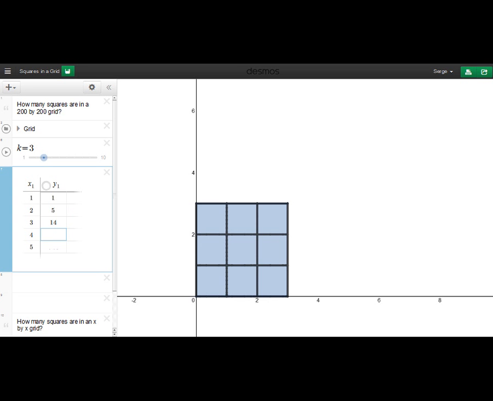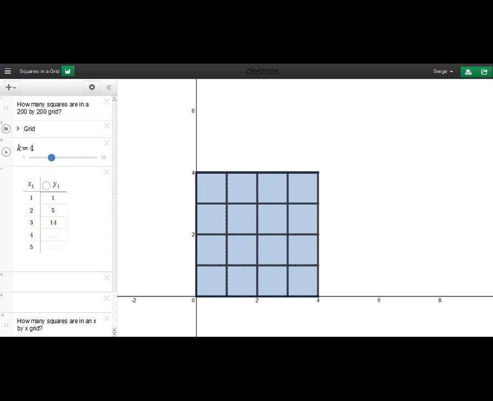Okay. Getting a little trickier. We've got a 4 by 4 grid. In that case, there are 16 little squares. There are 9 2 by 2 squares, 4 3 by 3 squares, and 1 4 by 4 square. That adds up to be 30. Already it's getting pretty tricky.